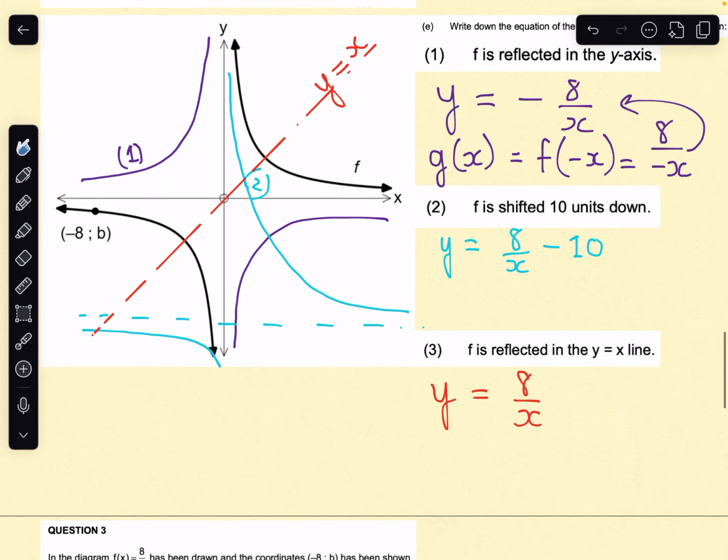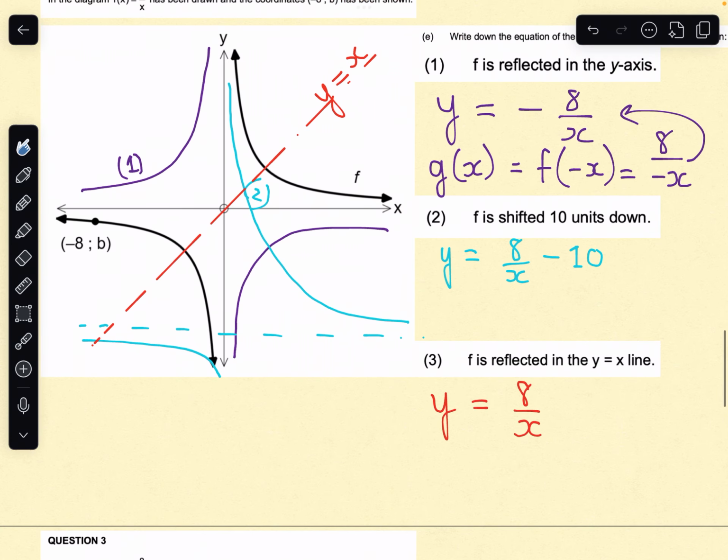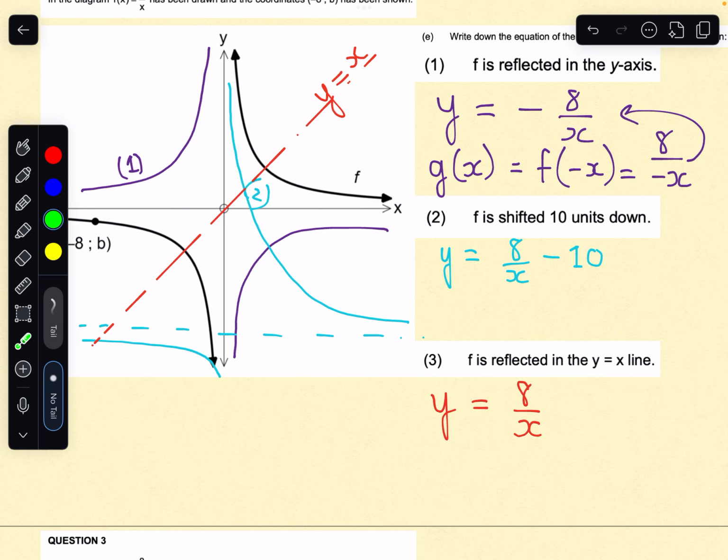We can also double check this using the fact that when you reflect in the line y is equal to x, if for example you had a point (a, b) over here, then the reflected point would be (b, a).